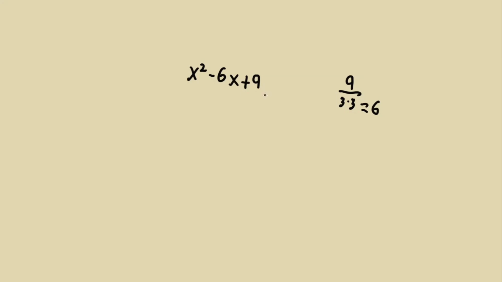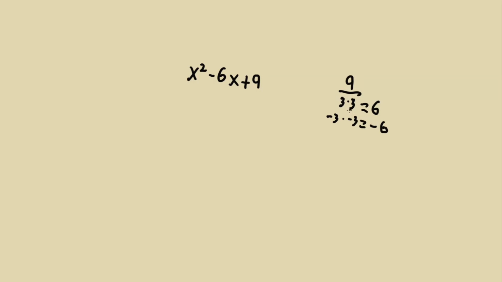Well, when we end up with positive numbers by multiplication, both of the factors have to be the same sign. So we can actually do negative 3 times negative 3, right? And this will still equal 9, and when we add them together, negative 3 plus negative 3 is going to equal negative 6, right?